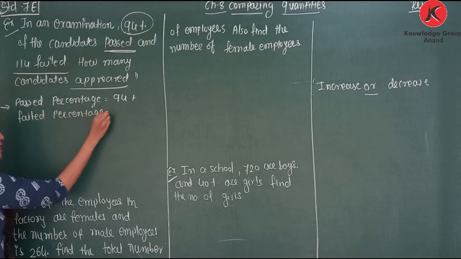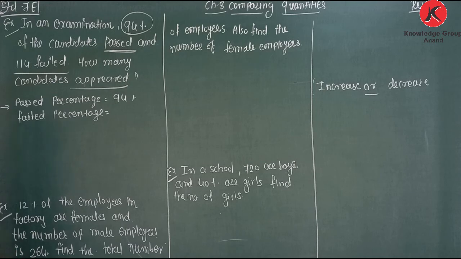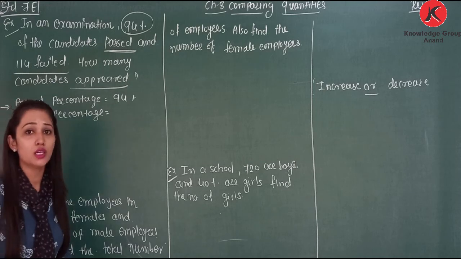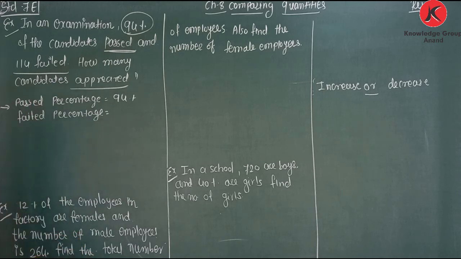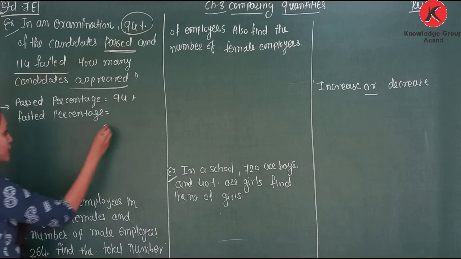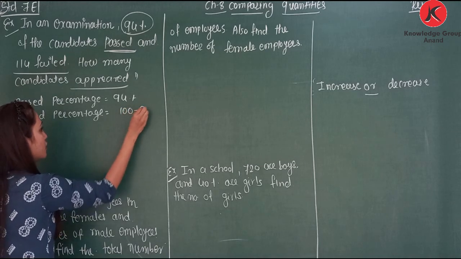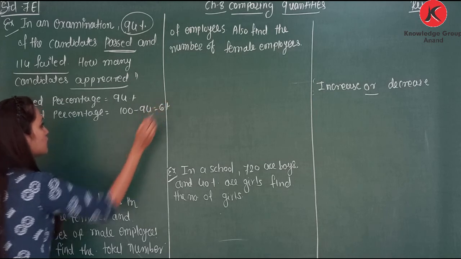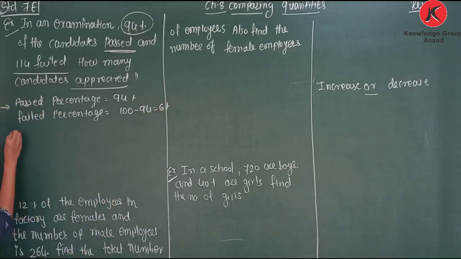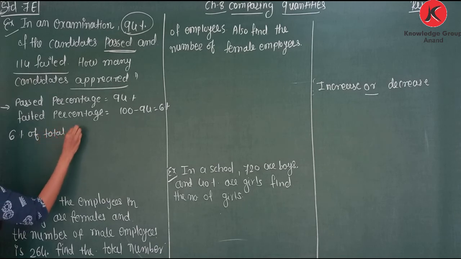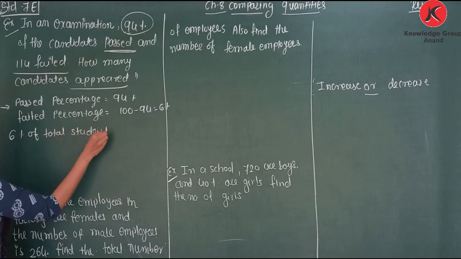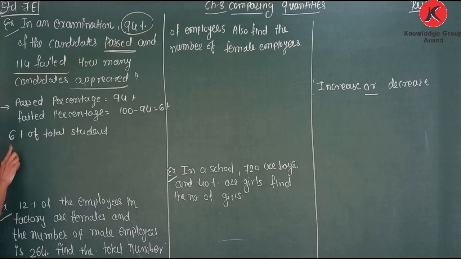Because the failed number is given, we need to find the failed percentage, as we learned in the previous video that if the saved money and expense percentage is given, then we first find the saved percentage. Same here, the failed percentage is 100 minus 94, that is 6%. It means 6% of total students, 6% is the failed percent.